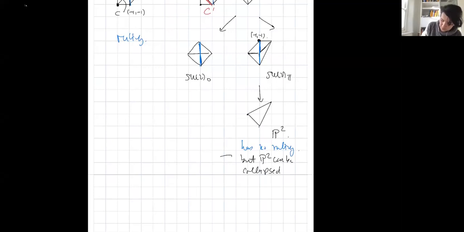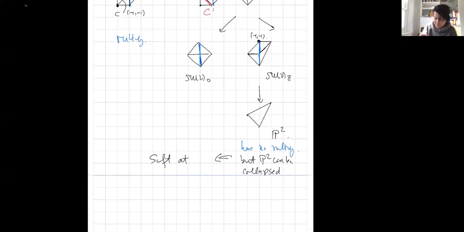So in this case, there's no ruling, but the P2 can be collapsed, right? So there's still an SCFT at the origin of this relative Kähler cone, with a Coulomb branch, extended Coulomb branch.